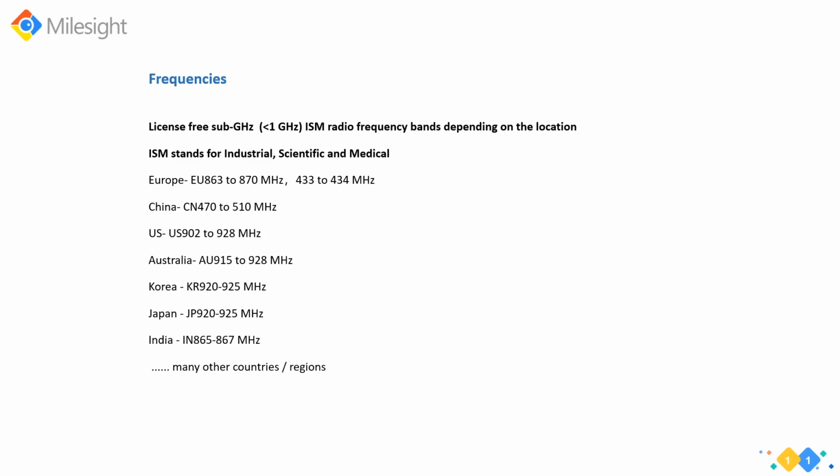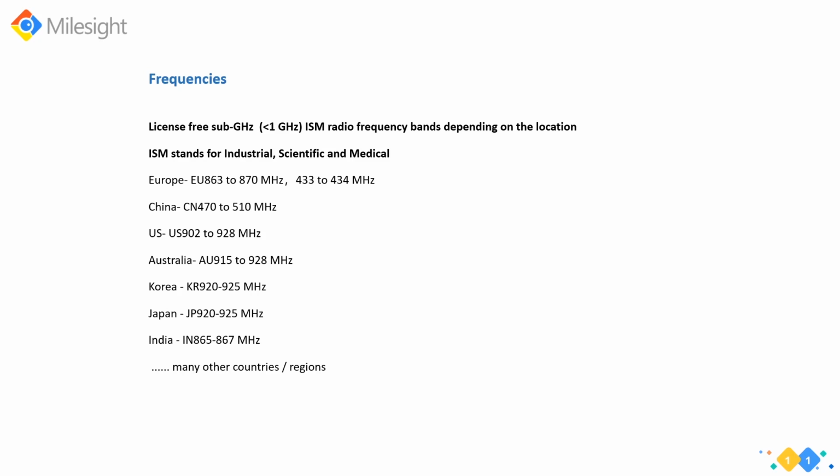Okay, and the license-free spectrum is not globally unified, not globally harmonized. That is different from Wi-Fi and Bluetooth, where 2.4 gigahertz or 5 gigahertz is globally harmonized. But LoRa is not in that case, unfortunately.